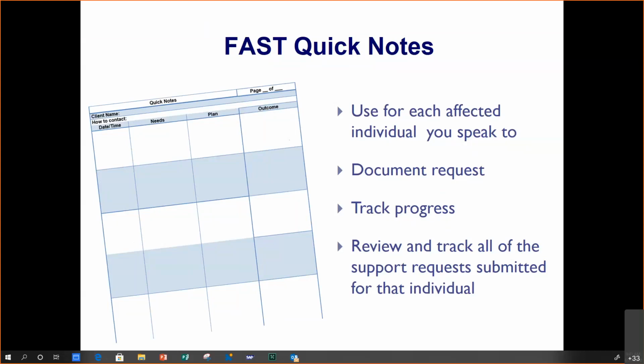So we're making sure we identify on the quick notes the needs, the plan, and the outcome versus any sort of diagnosis. And this will keep us out of the HIPAA field and the personal identifying information field.